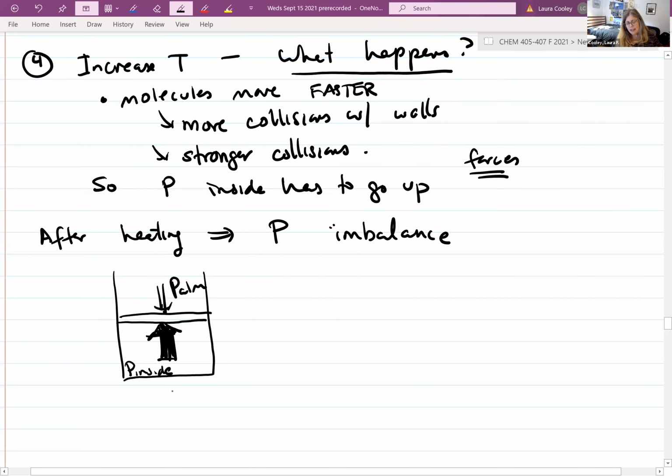Can it stay that way? What's going to happen is that because this force is greater, this piston wall will rise.